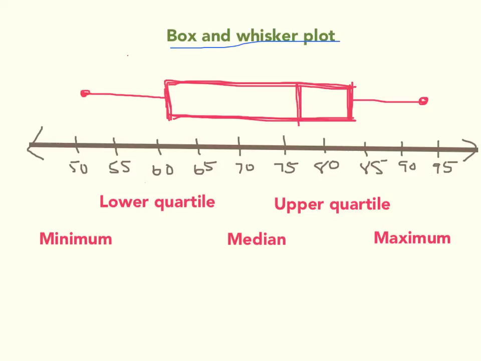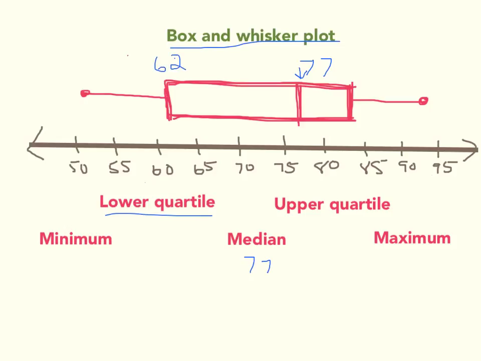I'm going to label and remind you about the steps you need to do as we go. The first thing I did was find the median. The median was 77, and so I'm going to label that spot here on my graph. This is 77, the median. Then I found the lower quartile by finding the median of the lower half of my data. That was at 62.